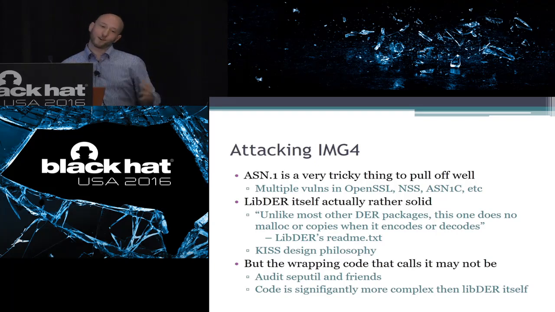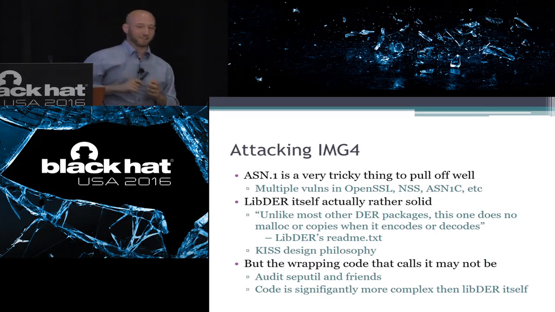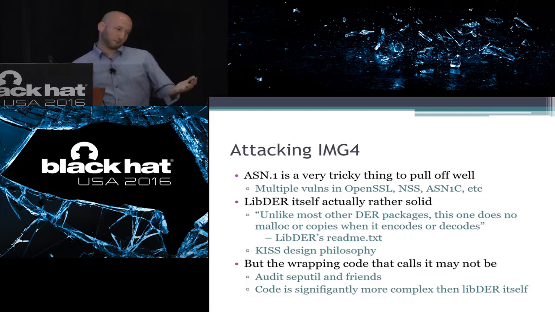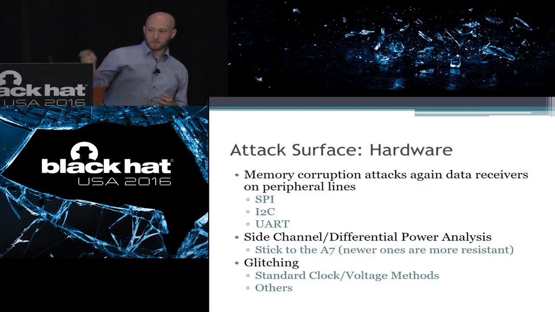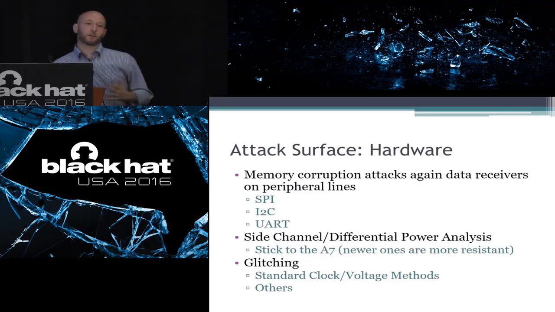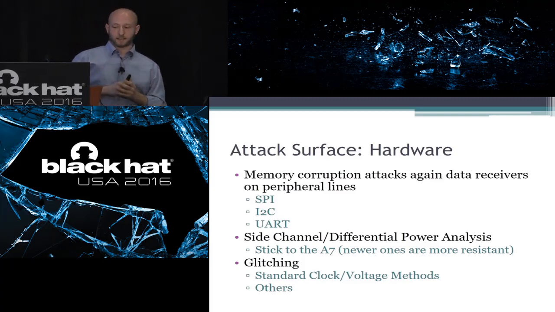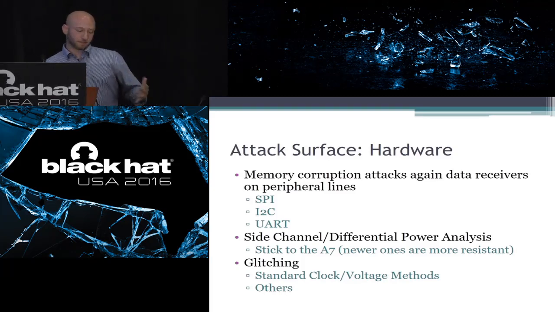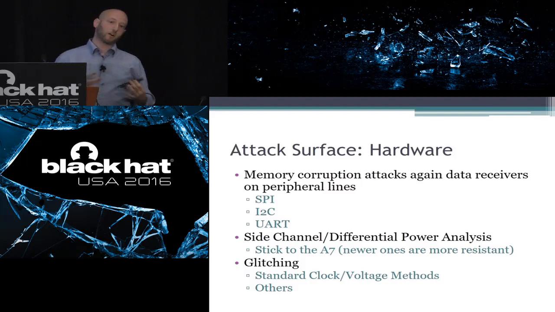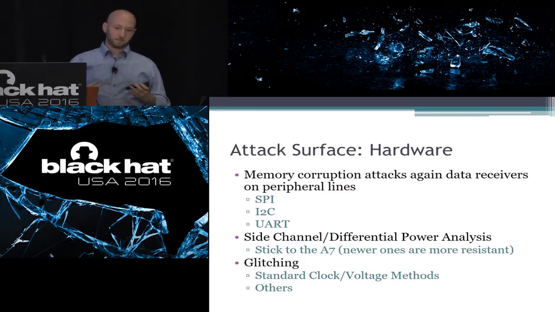Though all of the code around it may not necessarily be as strong. Recommend do some auditing on that. So the next part, let's talk about directly attacking hardware. There's a few ways in. One, you have all of these peripheral lines going to off-SOC chips.